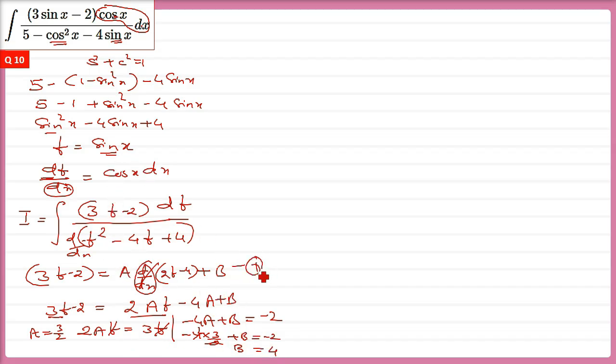Now this in the equation we are putting here. Basically we have converted the numerator in certain form so that we can separate it with the denominator and we can get a proper integral out of it. So this integration will be something like this. So a into 2t minus 4, a was 3 by 2. So let's take this 3 by 2 outside. 2t minus 4 here, first thing. What is the denominator? It remains the same.